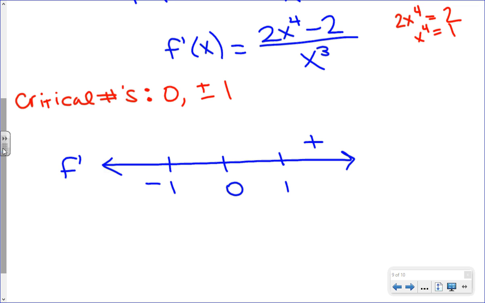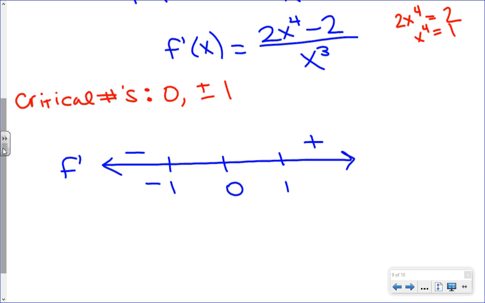To the left of -1, if you wanted to be obnoxious and choose -10 to plug in, is 2 times -10 to the 4th minus 2 going to be positive? Yes. What about -10 cubed? It would be negative, so we would have a positive divided by a negative, a negative number.